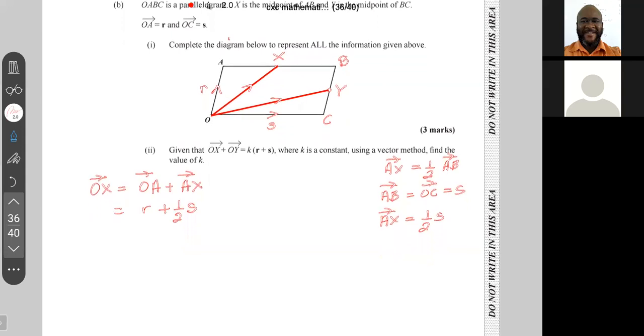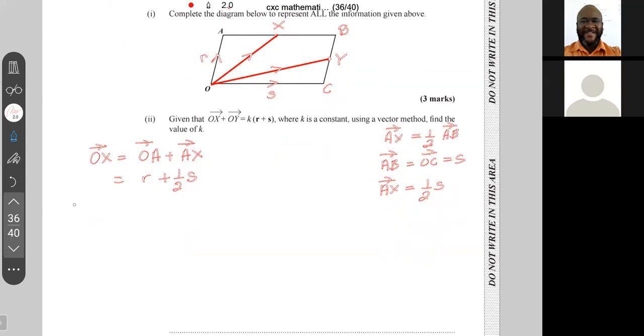Now let's find OY. Now OY would be equal to OC plus CY.